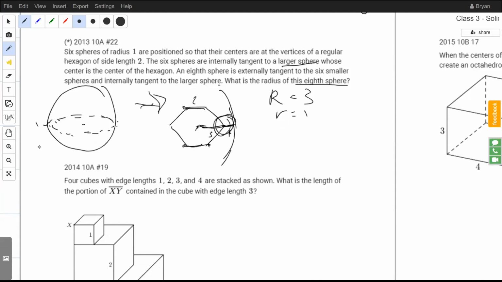But now we're going to take this vertical cross section, or I don't really know what we call this, but let's just say it's a vertical cross section. There's really no great name for it.